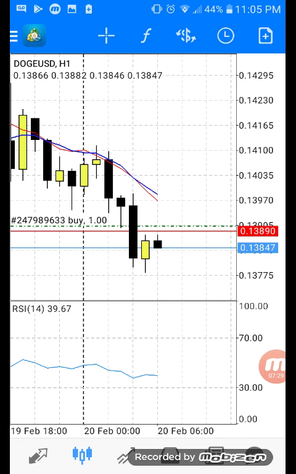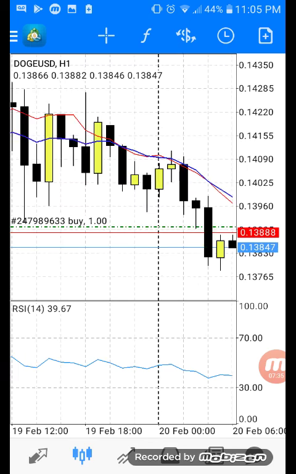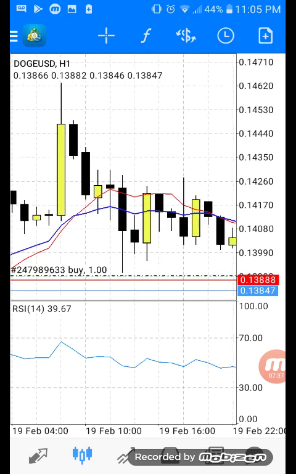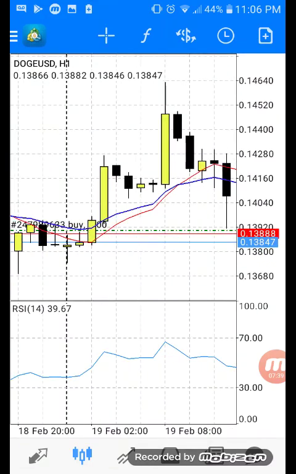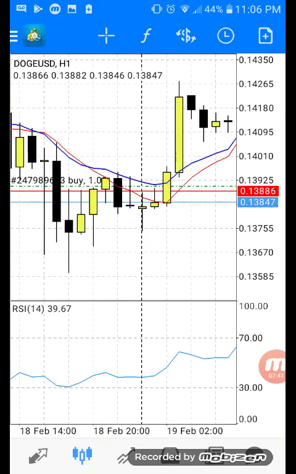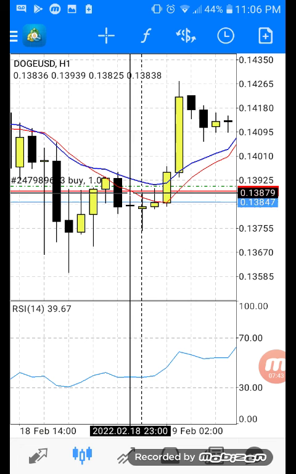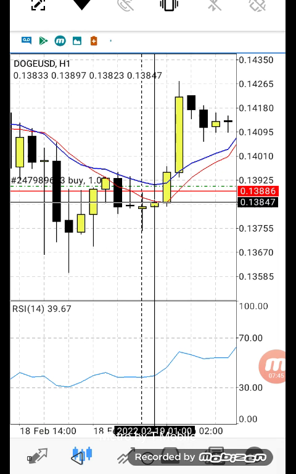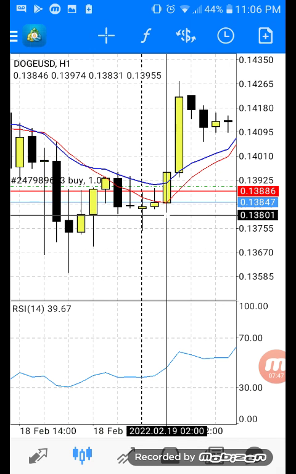Say price goes all the way up, because it was just here not too long ago. Price just got all the way up from 13.00. What's today's date? February 19th, 2022.